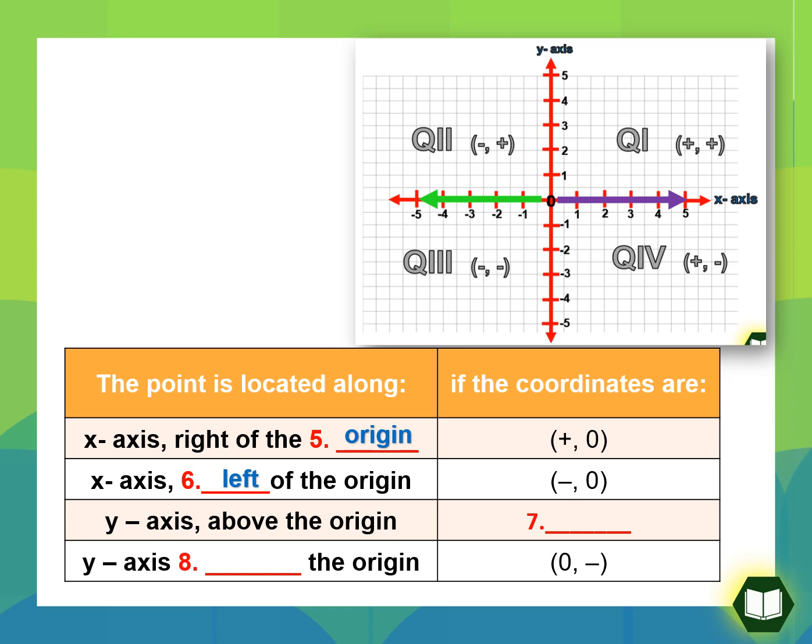If the point is located along the y-axis above the origin, the coordinates are (0, positive) values of the y-coordinate. If the coordinates are (0, negative), the point is located along the y-axis below the origin.